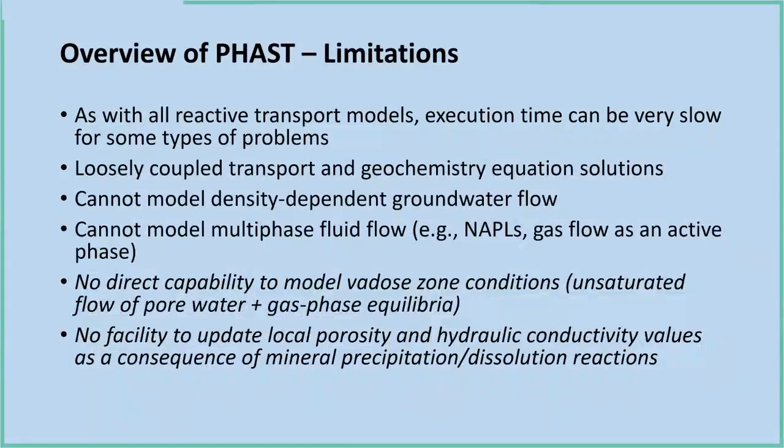As far as physical processes go, FAST does not model the flow of multiple partially miscible liquids, nor does it directly model the unsaturated flow of water through the vadose zone in accordance with the Richards equation. Finally, and this is a key issue for some problems, FAST does not update the porosity or permeability of the aquifer material in response to mineral precipitation-dissolution reactions, which could, in some instances, directly impact pore volume.